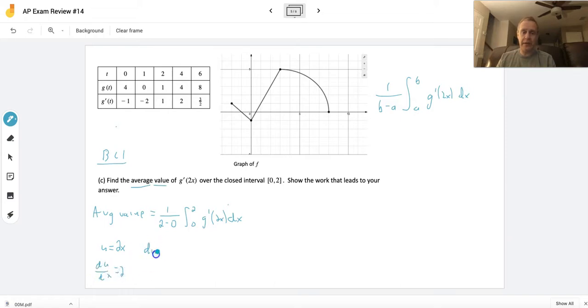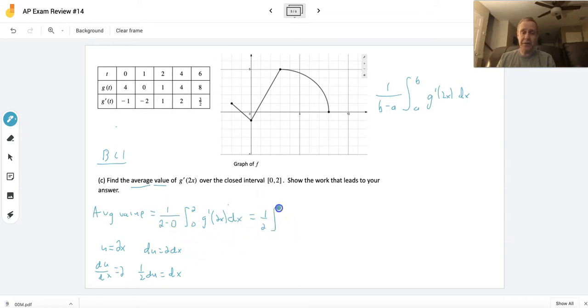So that would mean that du equals 2 dx, and I don't see any 2 out in front here, so I'm just going to say that 1/2 du is equal to dx. And I'm going to just simplify what's out in front currently of our definite integral and write 1/2.